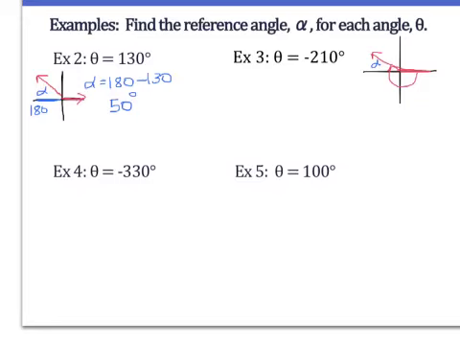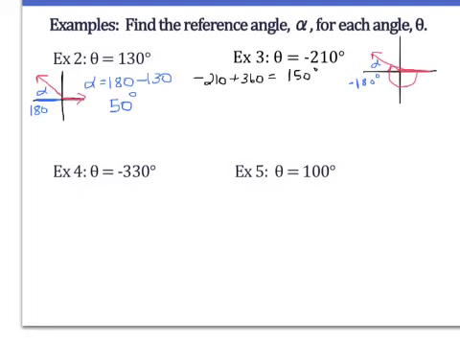You can see that this is -180, and figure out how many degrees it is between -180 and -210, or you can find the positive coterminal angle, and that's what I'm going to start with doing. So my positive coterminal, -210 plus 360 equals 150.